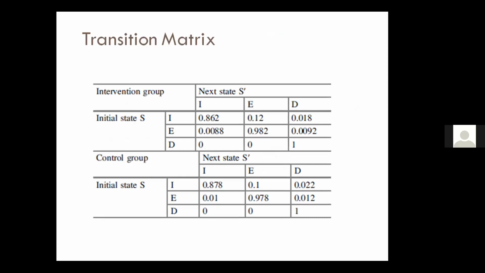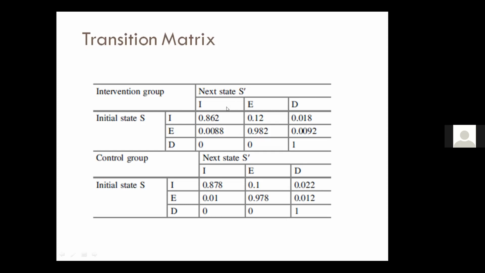So for the transition matrix, two matrices are there. One is the intervention group and this is the control group. These are probabilities of intubation, extubation, and death. The last corner in both cases is 1, which means dead to dead is 1. And first row, first cell, I to I, that is those intubated who remain intubated, how many people? 86%.